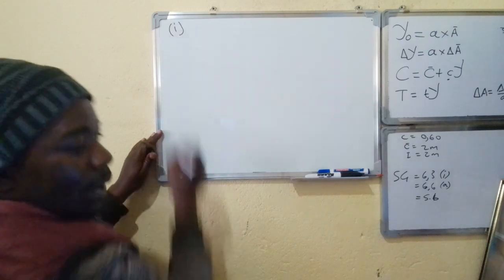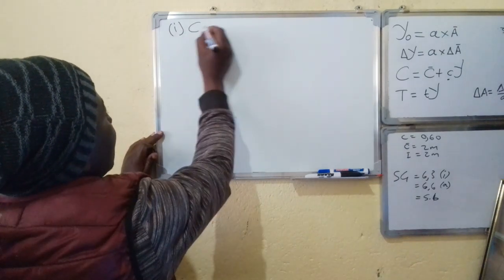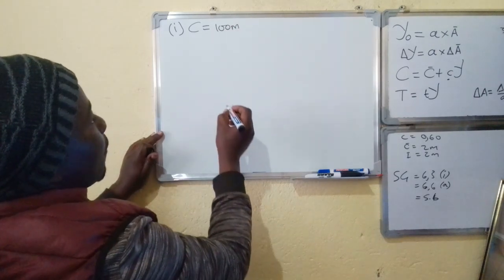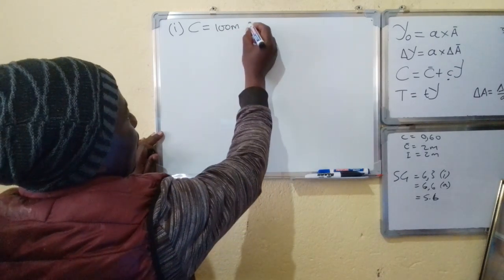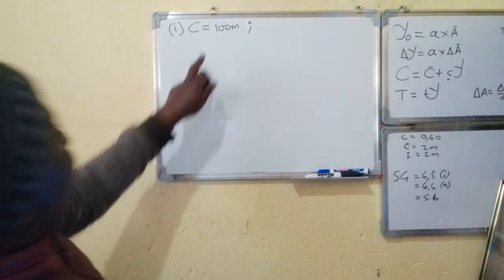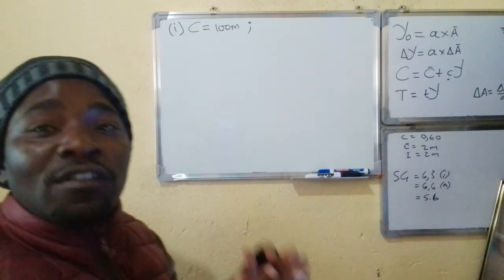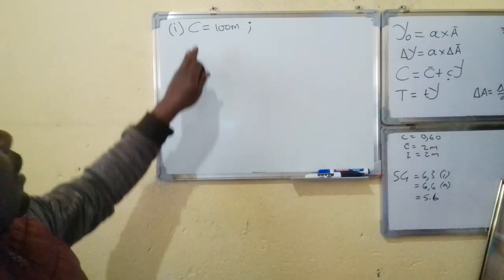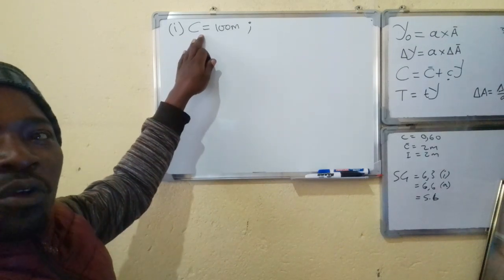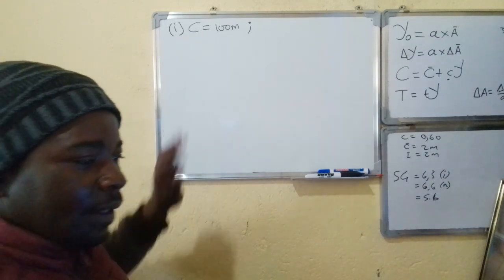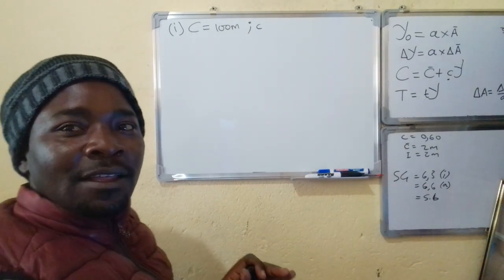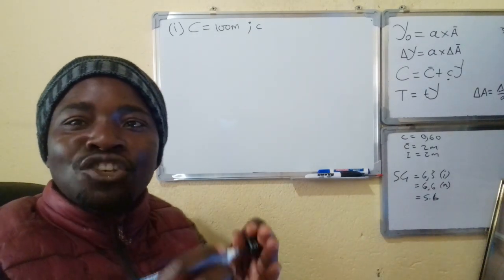The first one. C equals 100 million. Remember, this C represents the whole consumption. No. It represents the autonomous consumption only. And then you have a little c, the induced consumption.